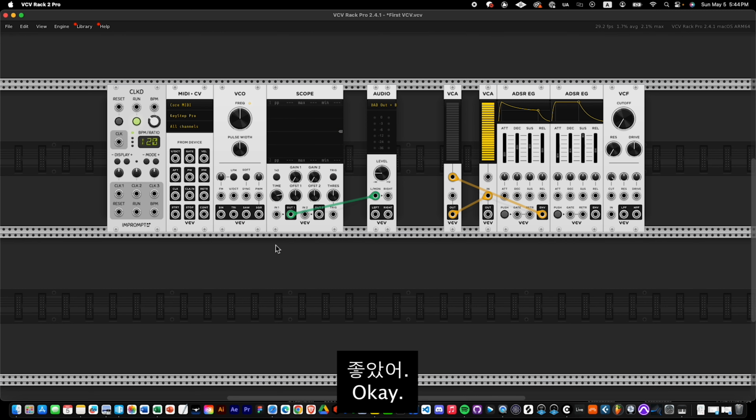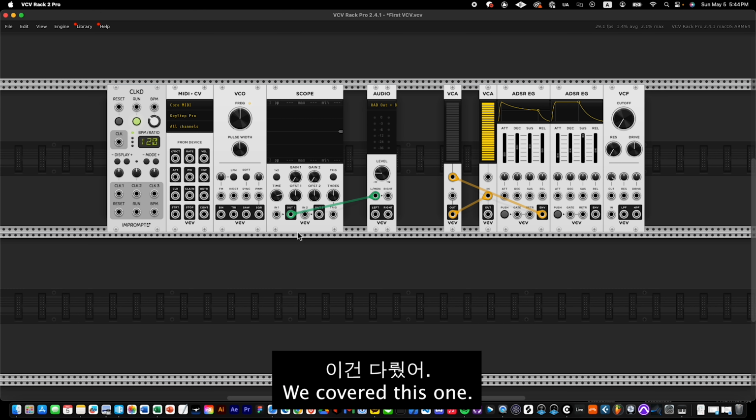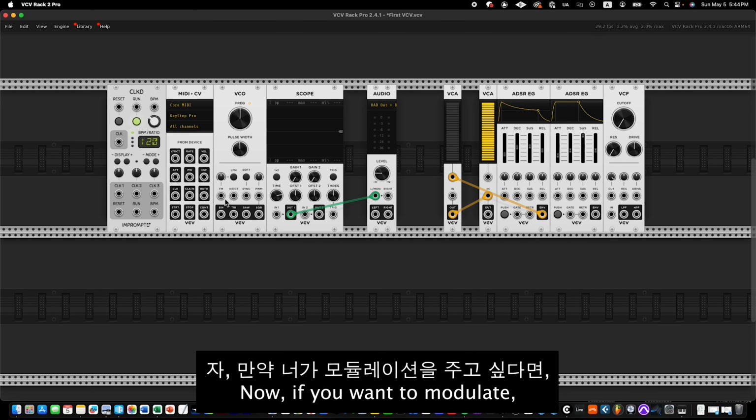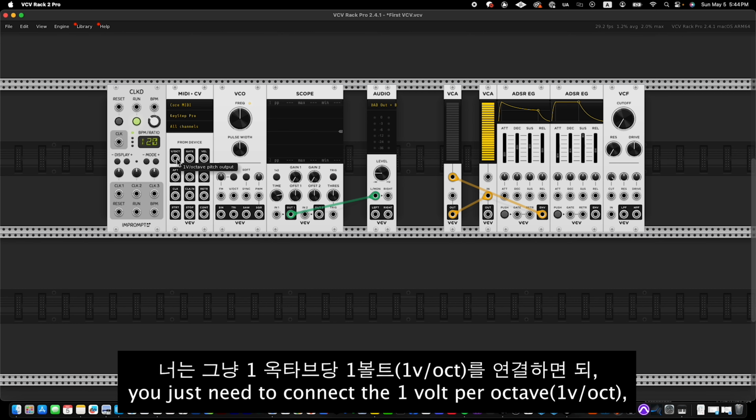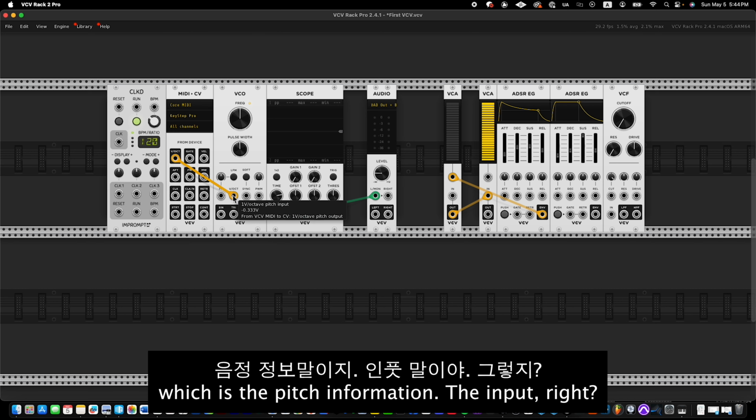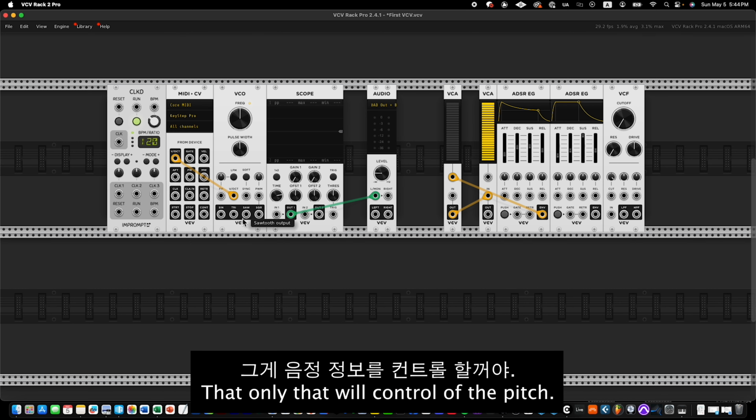Okay, we covered this one. Now, if you want to control the pitch of the VCO, you just need to connect the 1 volt per octave input, which is the pitch information. That'll control the pitch.